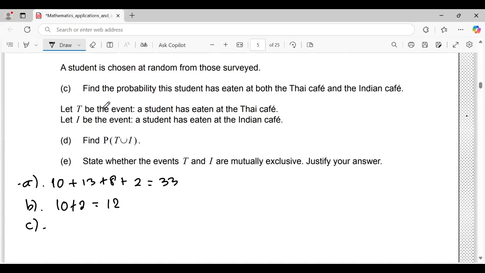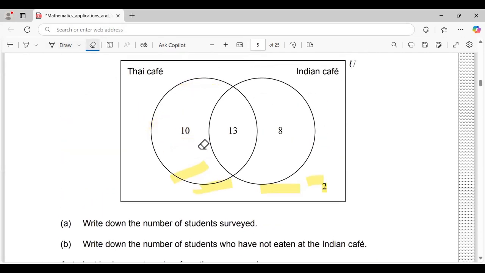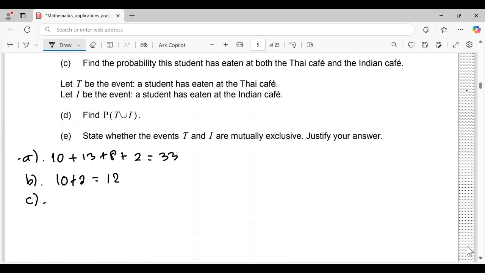C. A student is chosen at random from those surveyed. Find the probability the student has eaten at both the Thai cafe and the Indian cafe. It means the intersection. The intersection is 13.